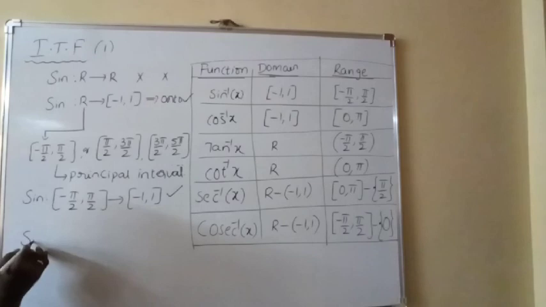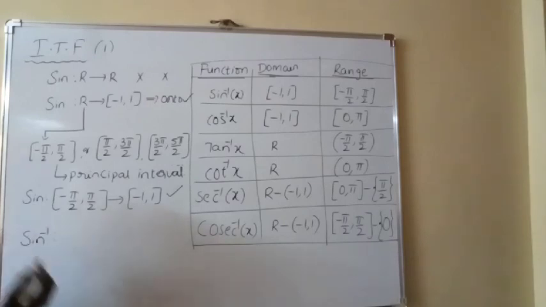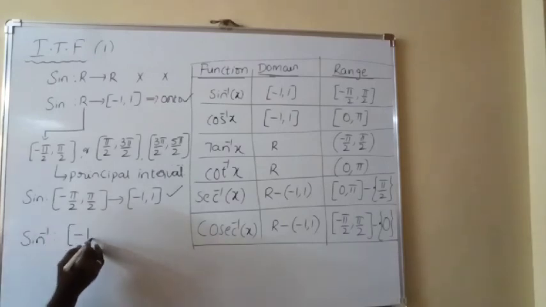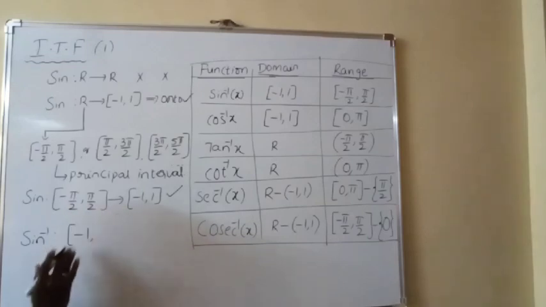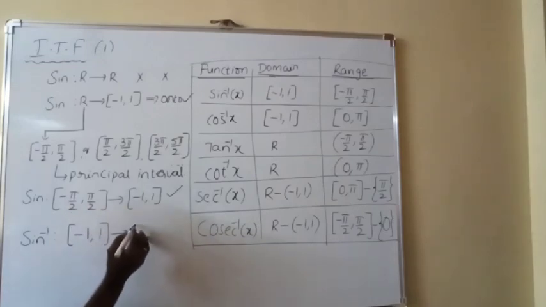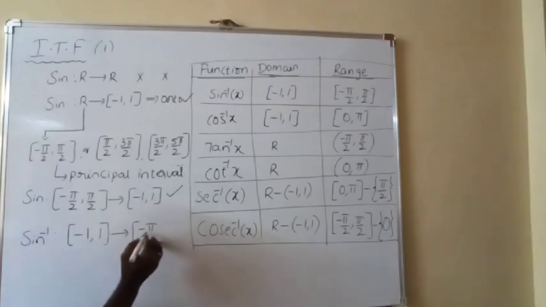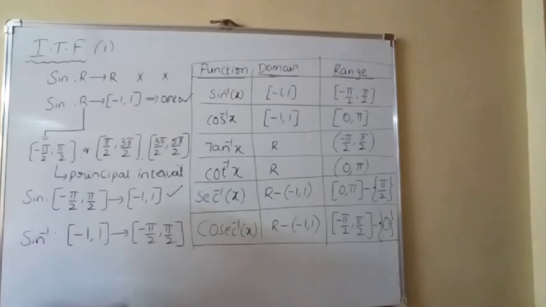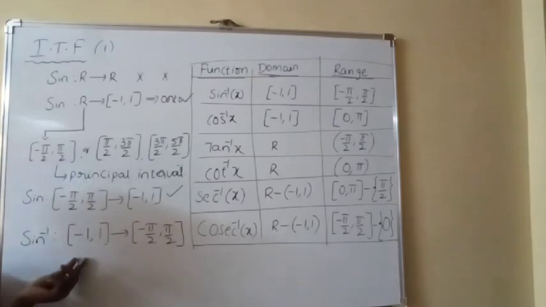Thus sine inverse is mapping from, obviously, what? If the sine function goes from A to B, then sine inverse goes from B to A only. So sine inverse is mapping from the closed interval minus 1 comma 1 to the closed interval minus pi by 2 comma pi by 2.